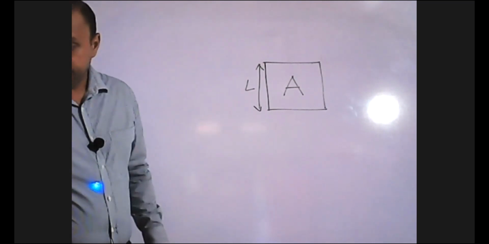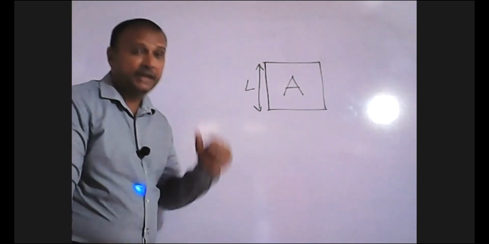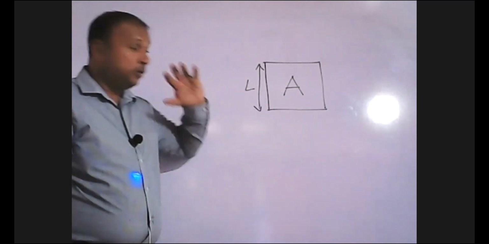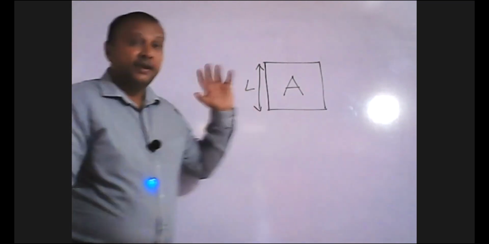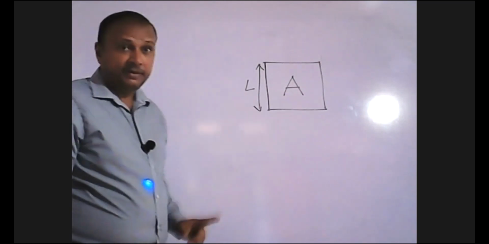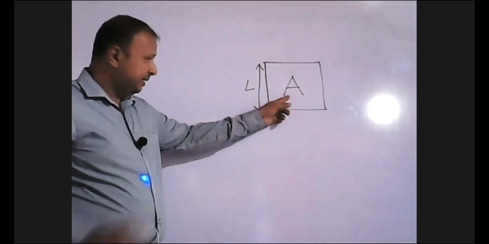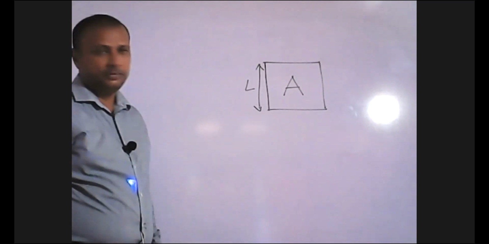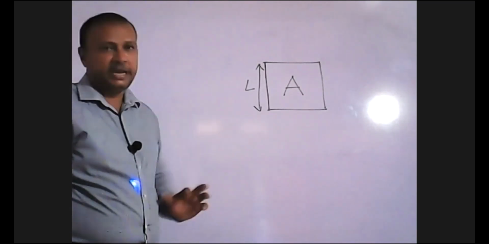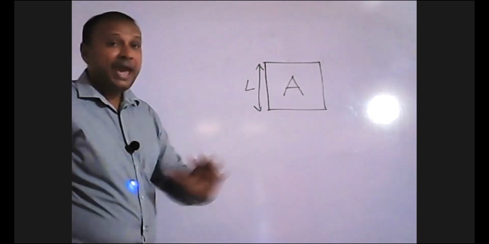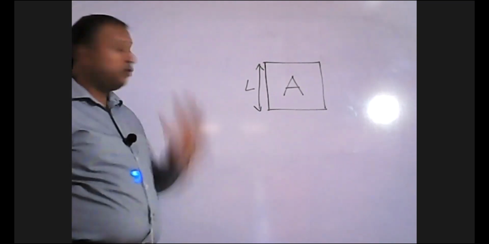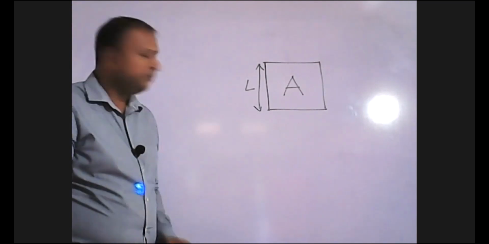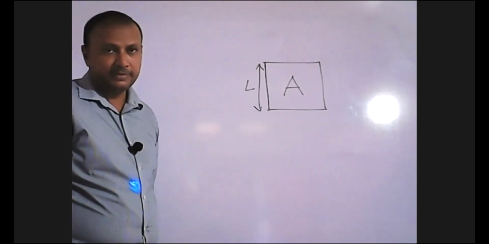The given data is that A is an area, and L is the side length. We have to build a relationship between A and L. That is my objective.